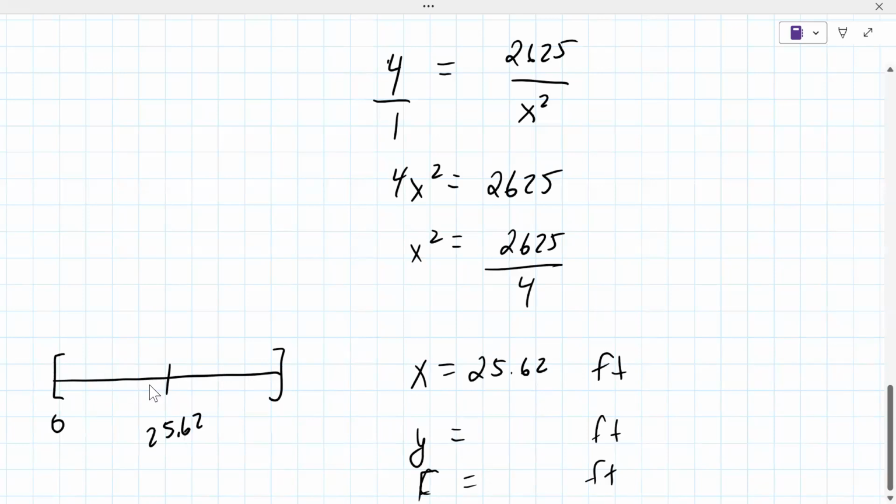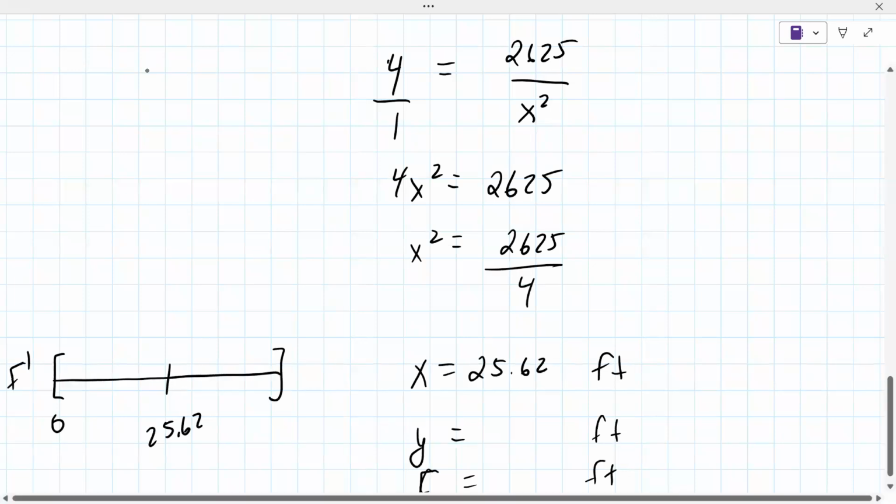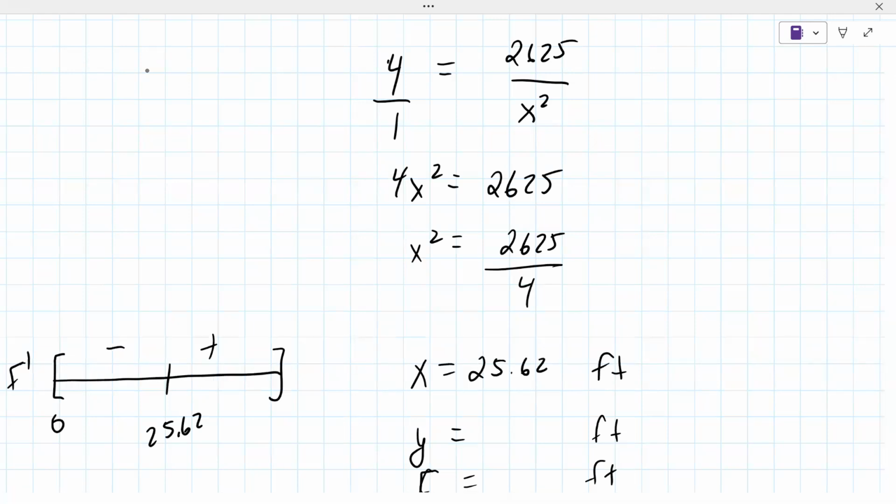It's up to you if you want to do that or not. If I did do that, would I plug it into the area or the fencing equation? It's the derivative test, f prime. Okay, so in this case, since it's a minimum, we would hopefully get this.